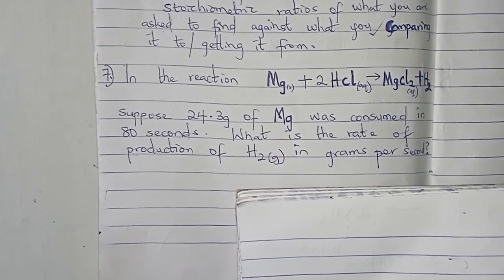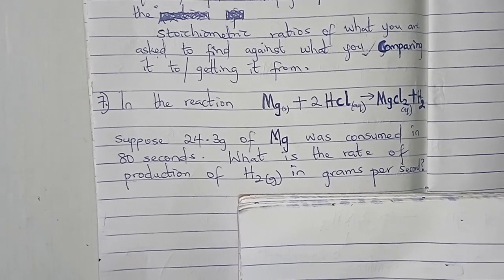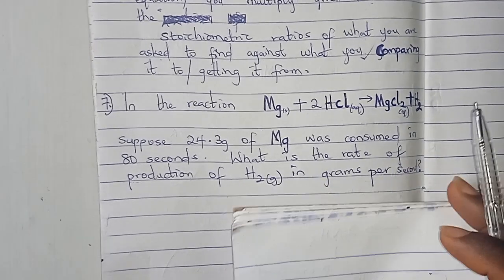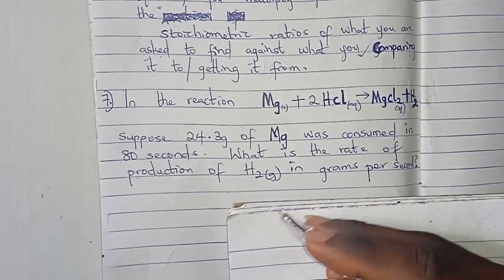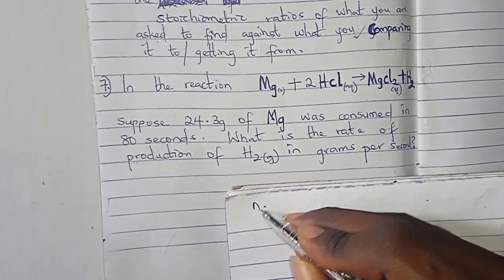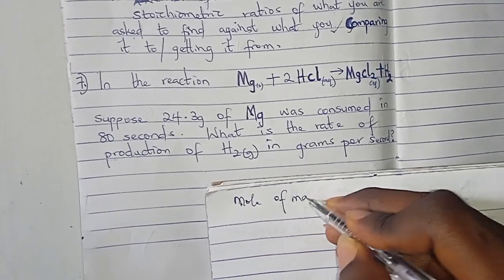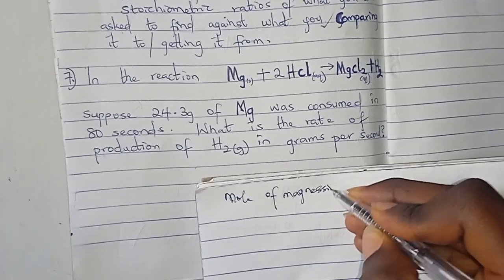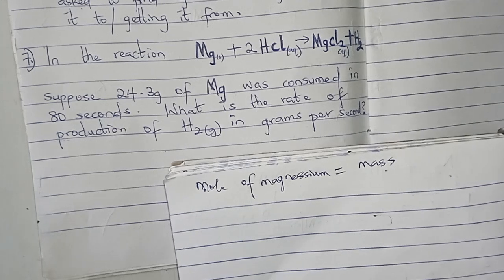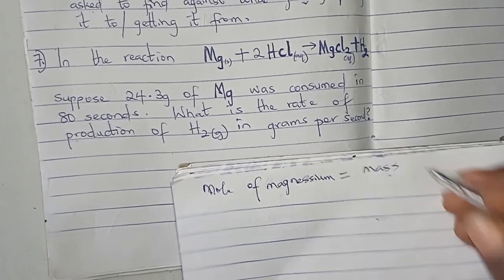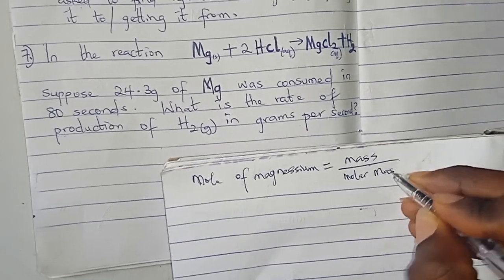magnesium is number 12 in the periodic table. So that means 12 times 2, the atomic mass will be 24. So 24.3 as well. So the mole of magnesium will be equal to the mass over molar mass.